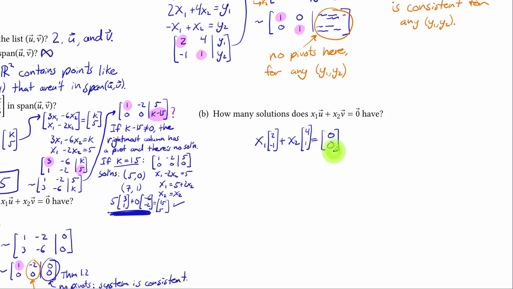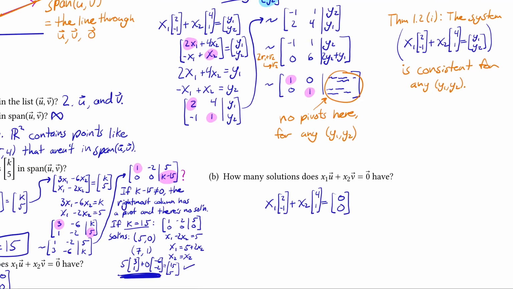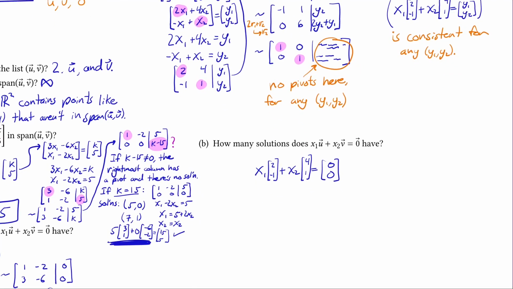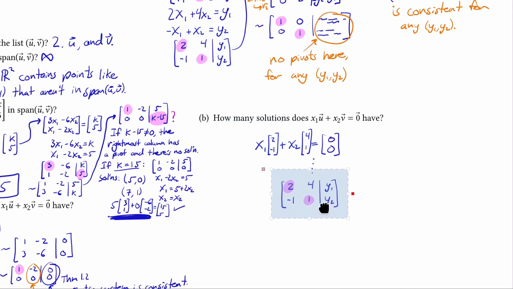And so everything we did before in part A still pretty much applies to this. It's just that instead of y1 and y2, we're talking about 0. So I'm going to skip some steps just to say that this is equivalent to the augmented matrix with a column of zeros on the right.